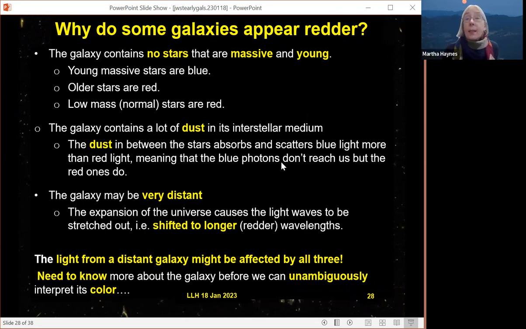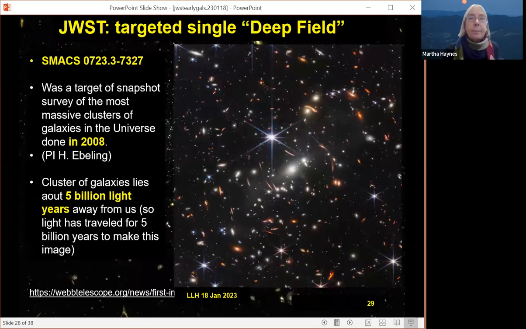And of course, some galaxies could be affected by all three of these. And so our problem, and the reason that JWST is going to be so important because of all of JWST's technological advances, is because it's going to allow us to unambiguously interpret the color.